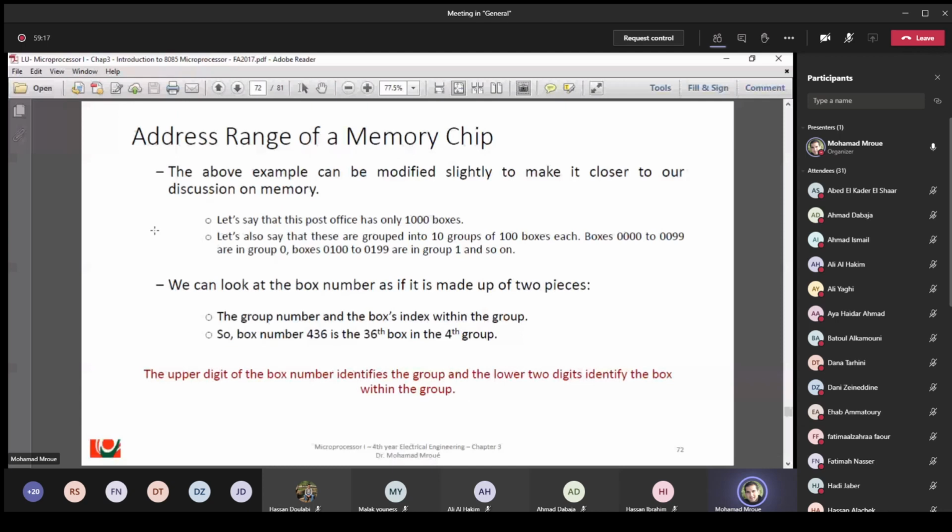So the upper digit of the box number identifies the group, and the lower two digits identify the box within the group. Clear? Meaning for example here we take the first digit, which determines which chip we made a selection for, and the remaining digits determine which location we are accessing within this chip, let's say.